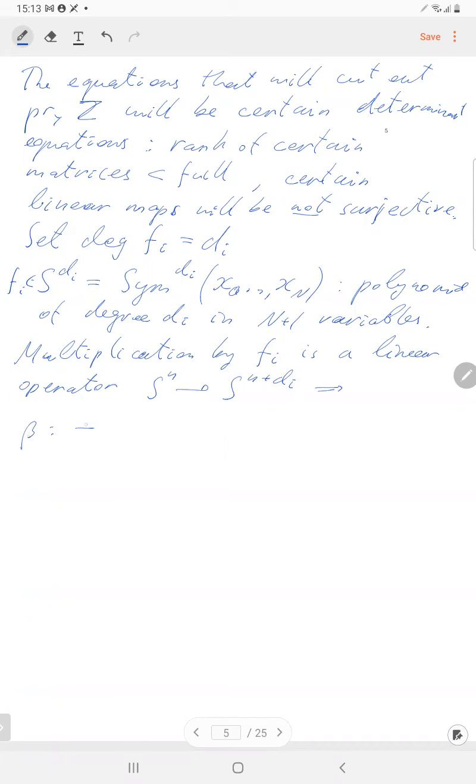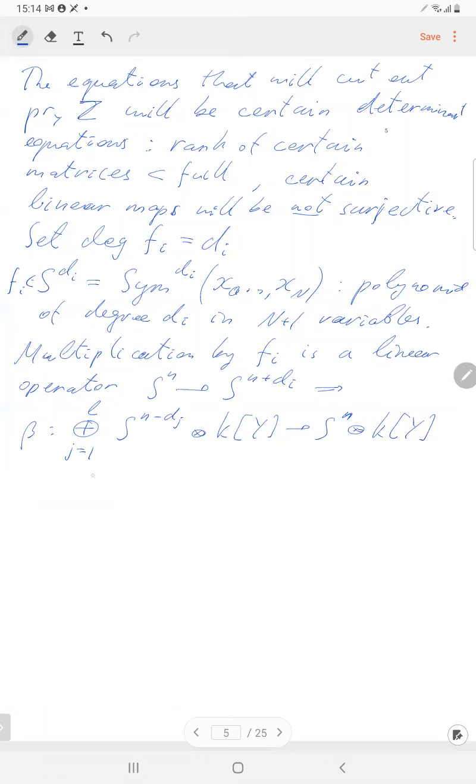from the direct sum from j equals 1 to L of S n minus dj tensor functions on y to Sn tensor functions on y. Okay, so I take the elements here.